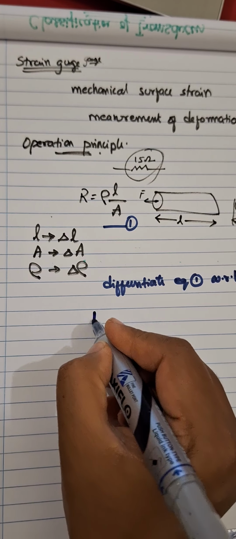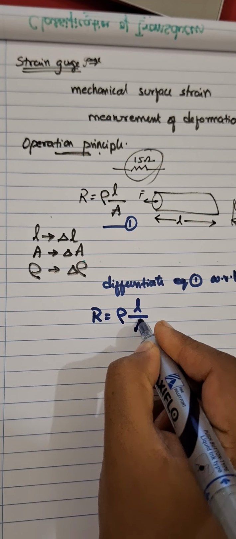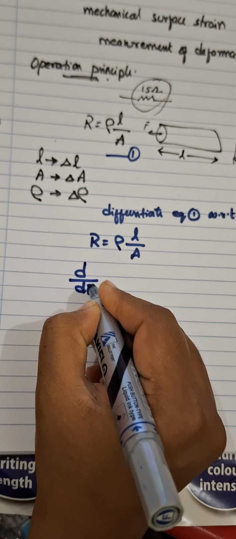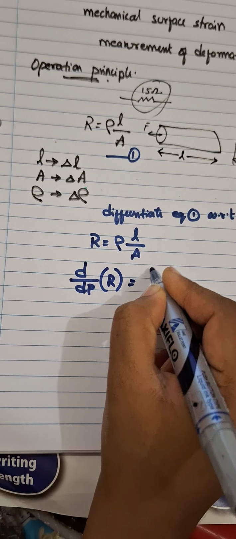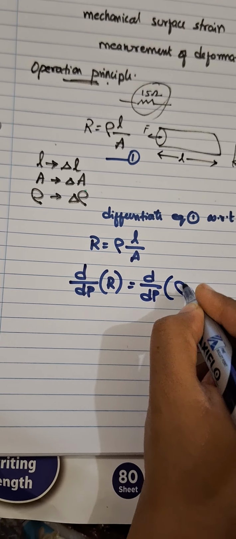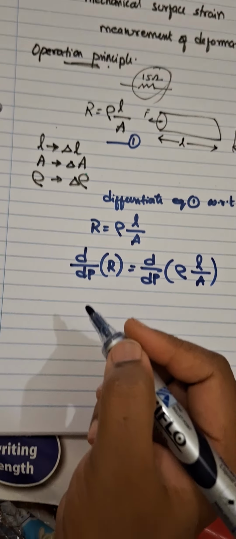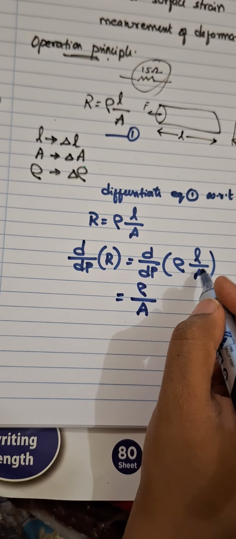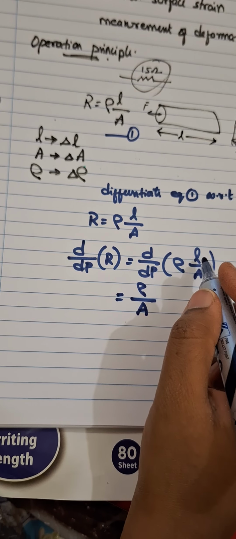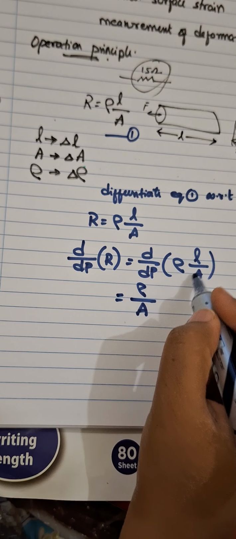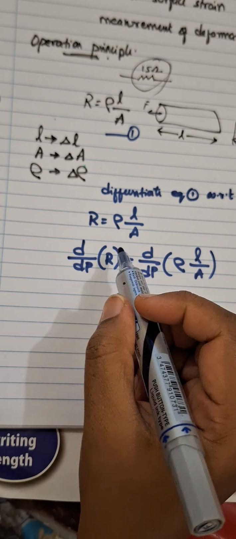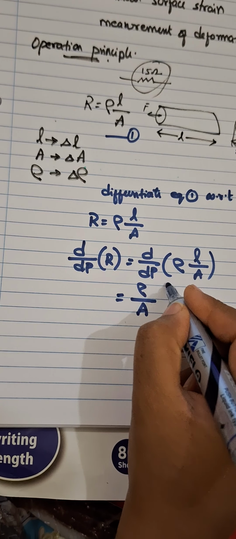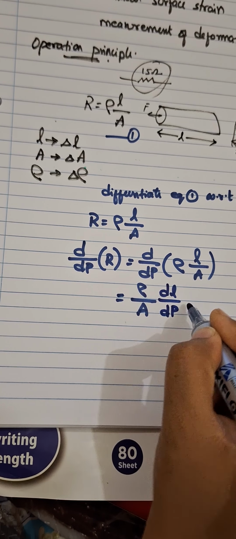Our equation is R equals rho L by A. With respect to stress, d by dp of R equals d by dp of rho L by A. Nothing is a constant here, as the three are separate elements. First I consider L: rho by A comes out, and I write dL by dp.